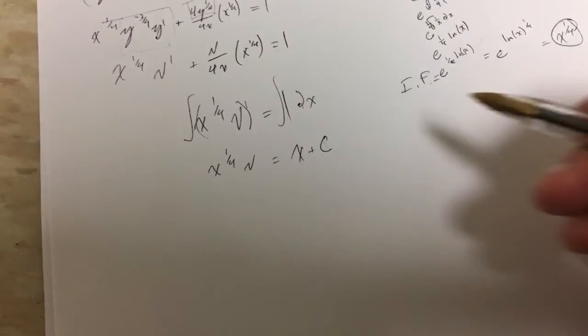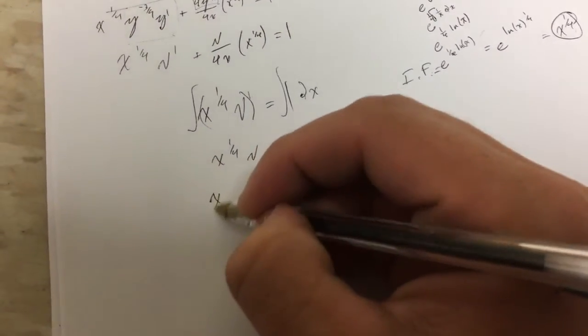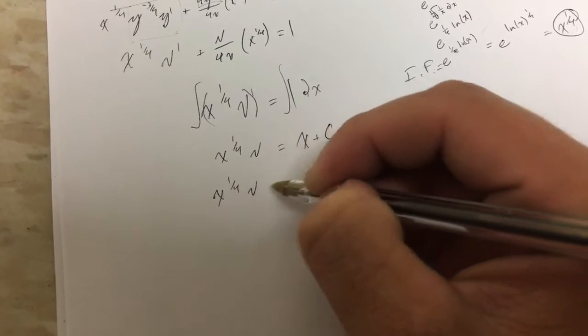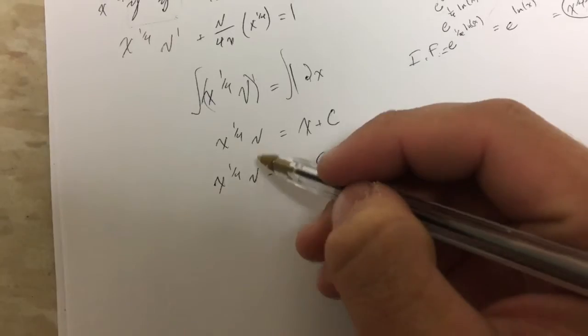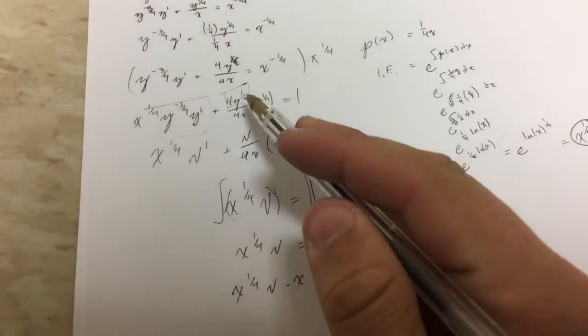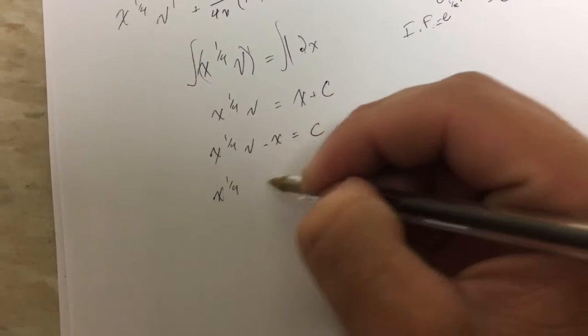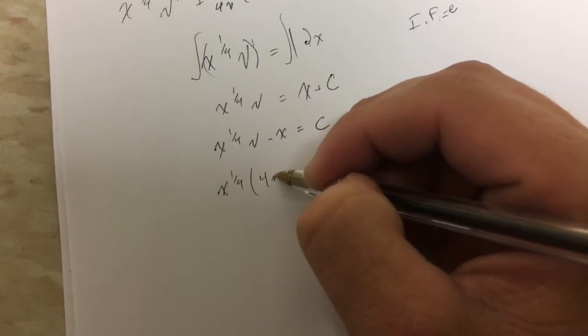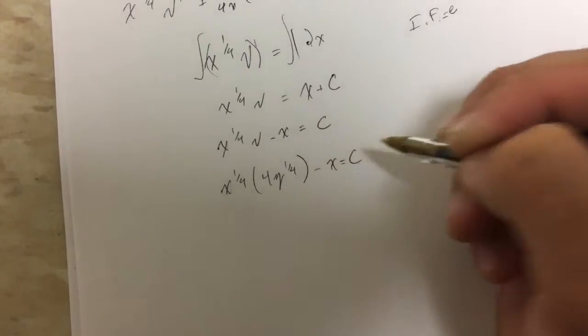Because we're given an initial condition early on, we have to find c. So we end up with x to the 1/4 v minus x equals c. We plug in our v, which is 4y to the 1/4, and end up with x to the 1/4 times 4y to the 1/4 minus x equals c.